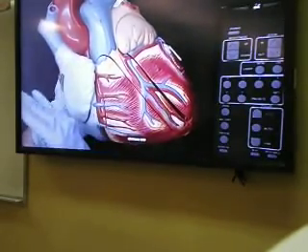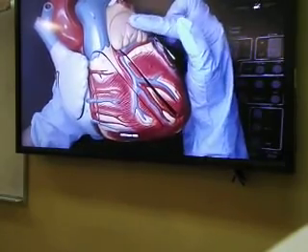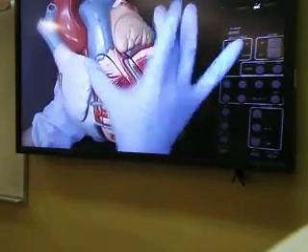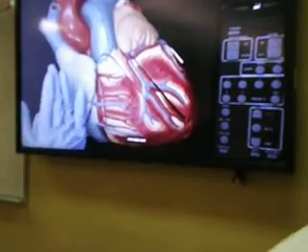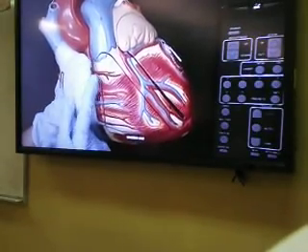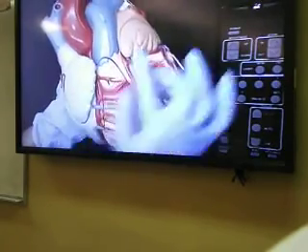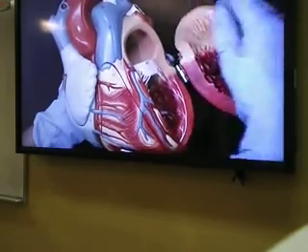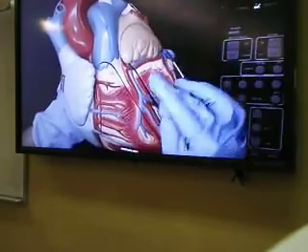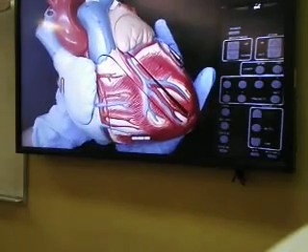This side has to be right, this side has to be left, and this structure is the left auricle. The auricles are covering each of the respective chambers. So the right auricle is covering the right atrium, and the left auricle is covering the left atrium. Those are the two upper chambers receiving blood.